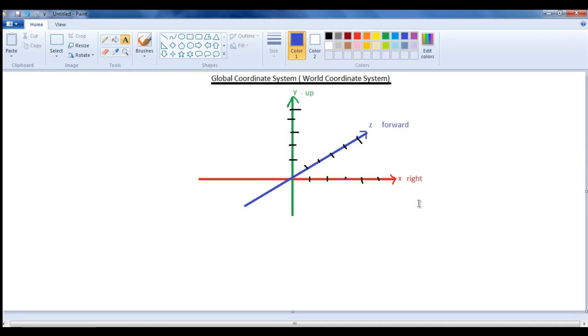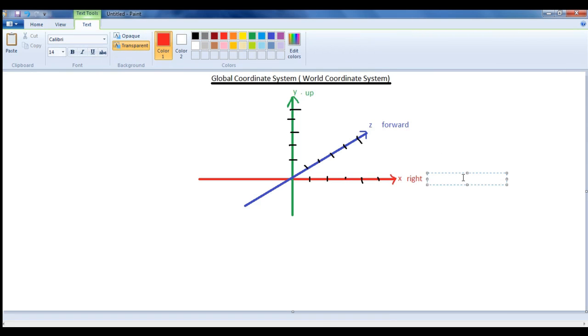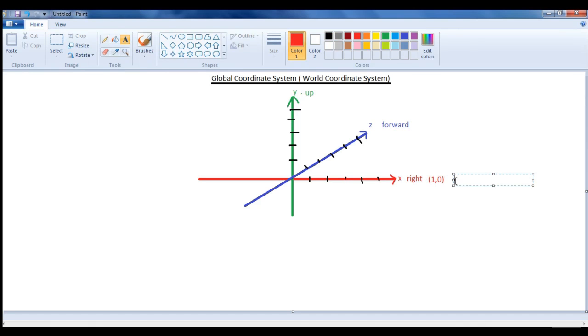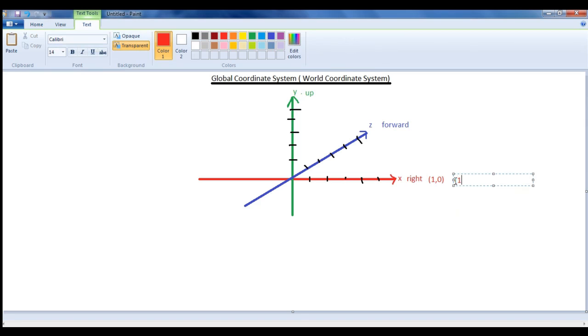Very simple. Now if you have a 2D, of course there will be only two axes. We will be having x and y axis. So in 2D the right vector is going to have the value x as 1, y as the value 0. And if it is a 3D, x will be 1, y will be 0, z will be 0.